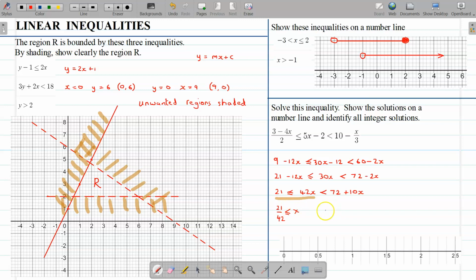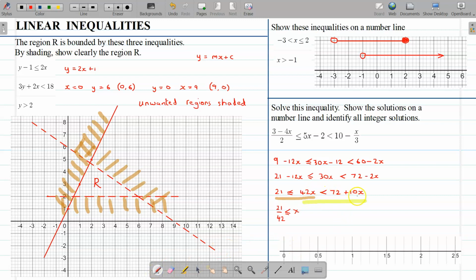Okay, and if I now look at the other side, I'll just highlight that in a different color. So if I now consider this part here, 42x is less than 72 plus 10x as a separate inequality, you see.